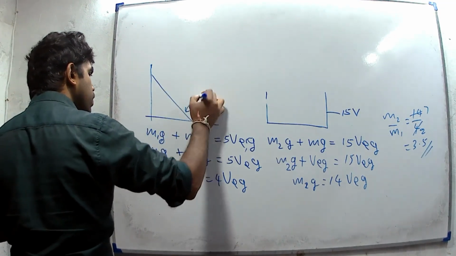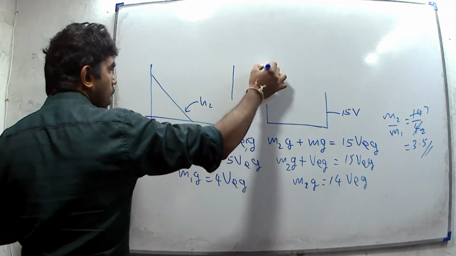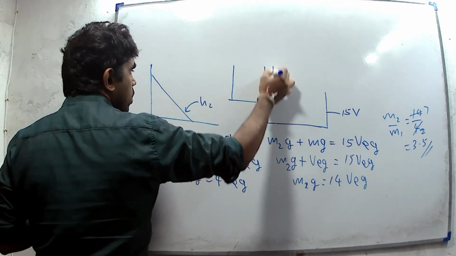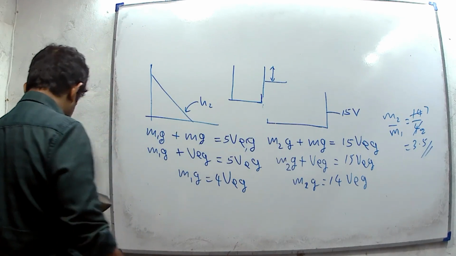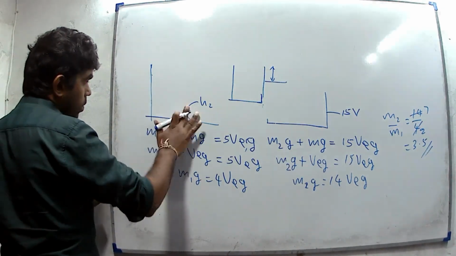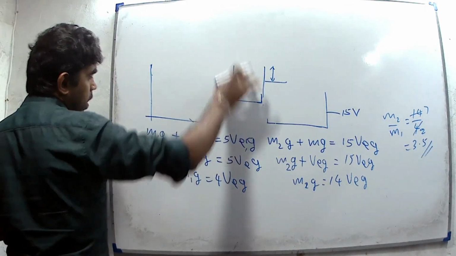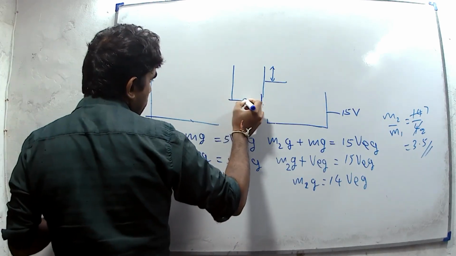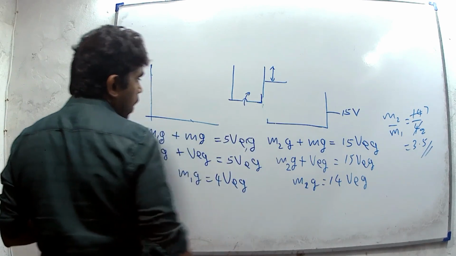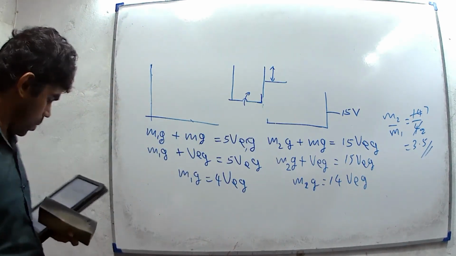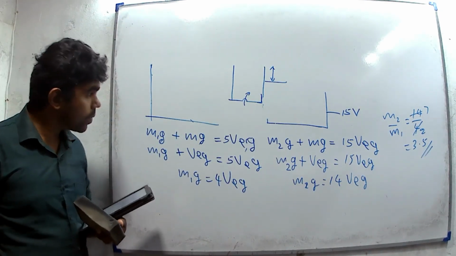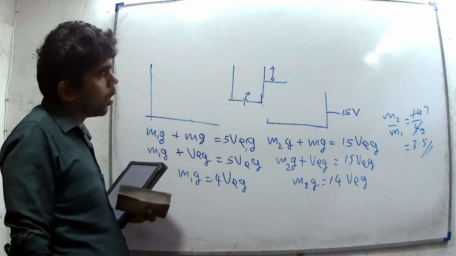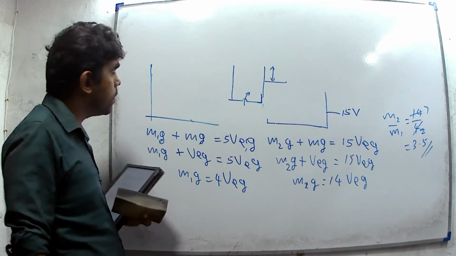When immersing the object, this height goes to zero. When the system is filled with water, the object is floating.